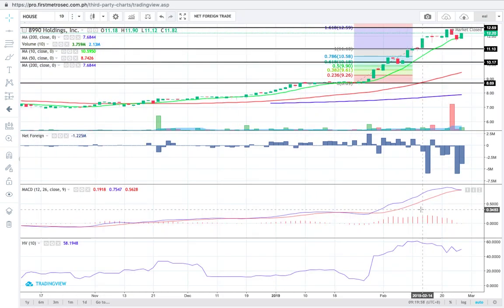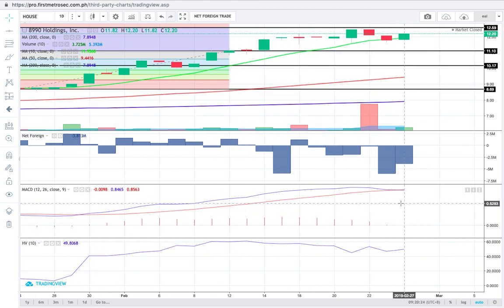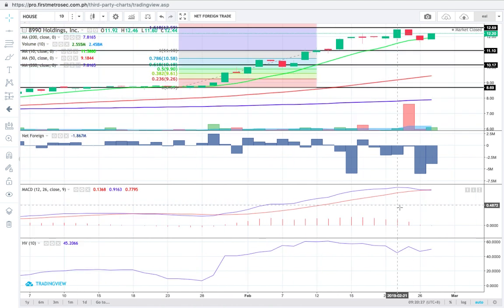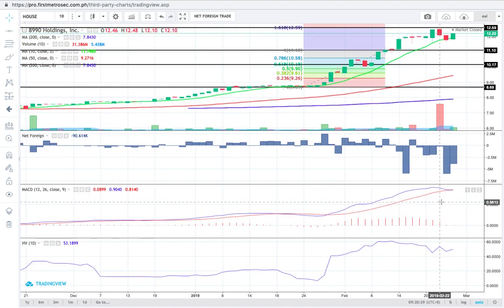So for those who managed to enter a new position on House as early as the last week of January 2019, or probably in the first few weeks of February, I would suggest you be alert on where your trailing stop loss is, especially now that MACD has crossed a few centimeters below the signal line.